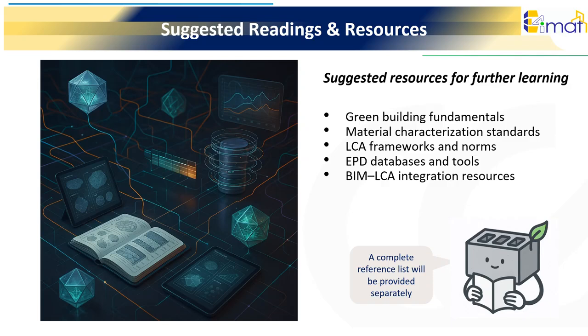Technical documents such as ISO 10456, ASHRAE handbooks, and European or national normative frameworks provide validated methodologies for determining material properties. For environmental assessment, ISO 14040 and 14044, as well as EN 15804, define the reference methods used to build life cycle assessments and environmental product declarations.